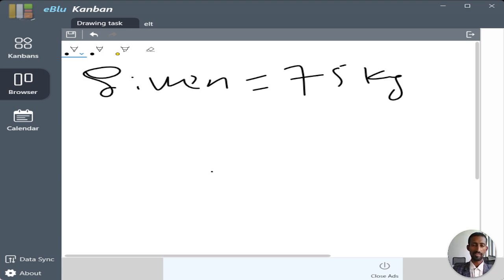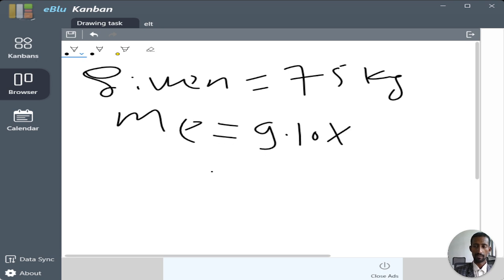What is the mass of a single electron? If you remember, I have already defined it previously. The mass of an electron is 9.10 times 10 to the power of minus 31 kilograms.